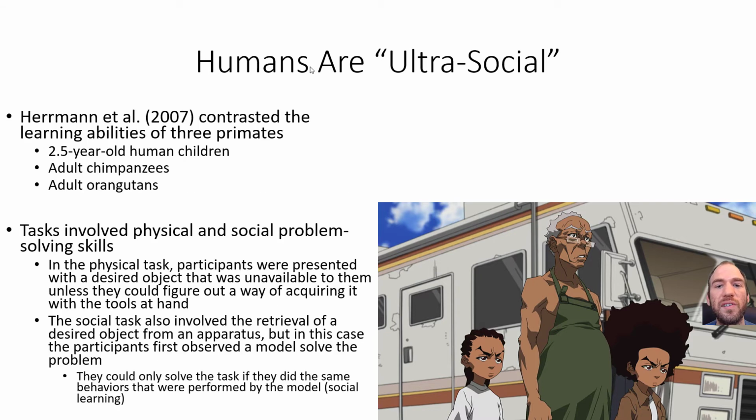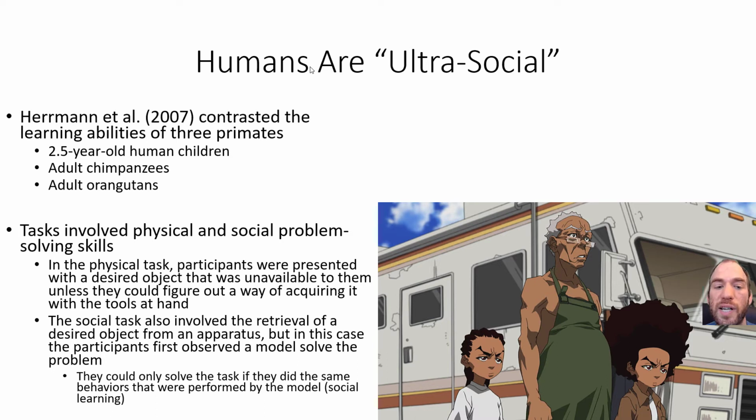And a study looked at this idea of ultra-social humans. Herrmann et al. 2007 contrasted the learning abilities of three primates: 2.5-year-old human children, adult chimpanzees, and adult orangutans. They asked the children, chimpanzees, and orangutans to complete tasks involving physical and social problem-solving skills.